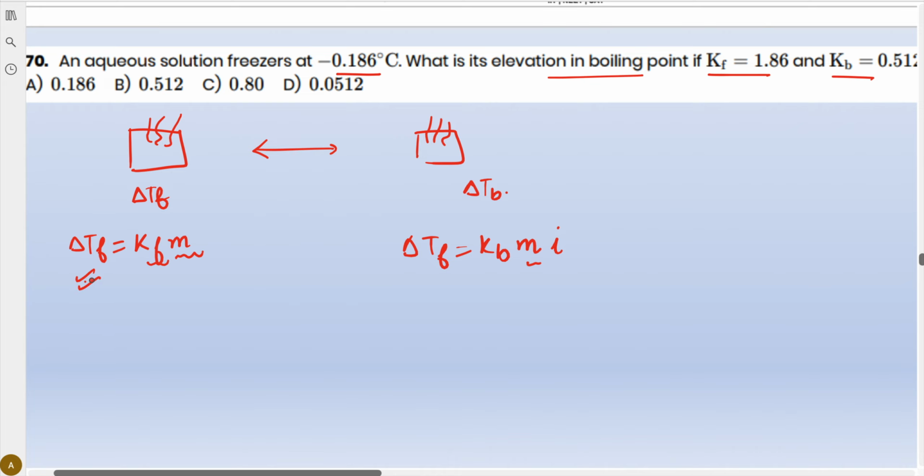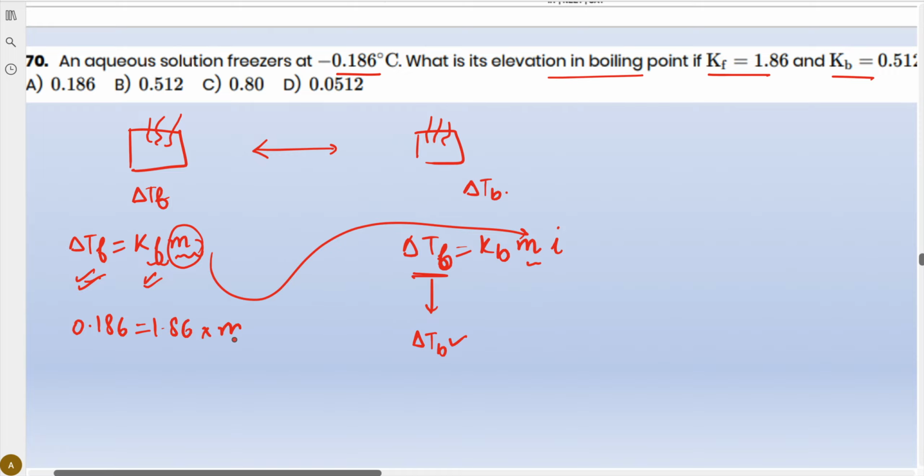So from delta Tf and Kf you calculate the molality, and then put it into the other equation to calculate delta Tb. So delta Tf is given as 0.186, equals Kf, given 1.86, into molality. So molality will come 0.186 divided by 1.86, which is 0.1 molal, and this you put in here.